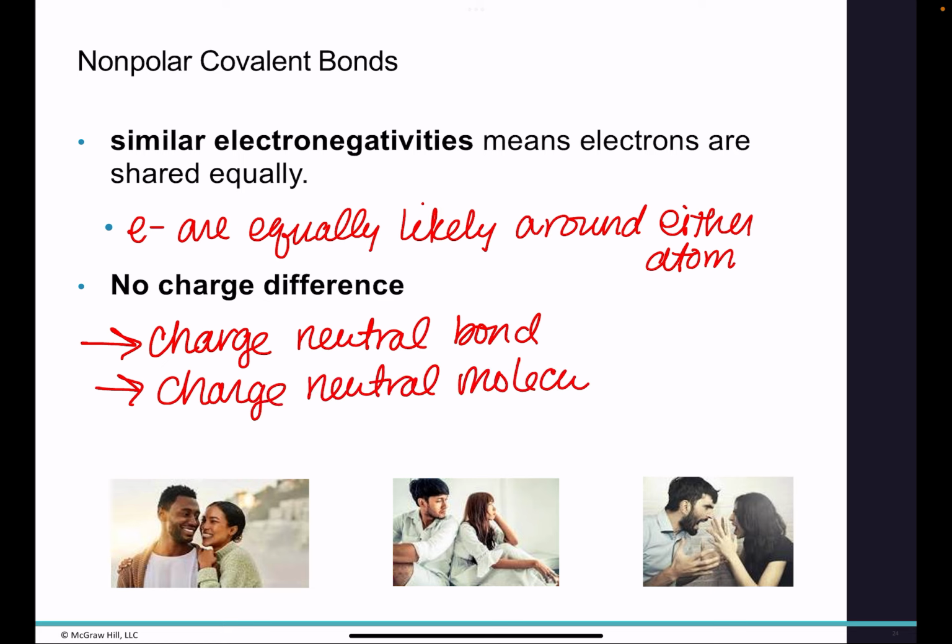Now, this is not the same thing as losing or gaining an electron. What we're talking about here is where those electrons are spending their time. And if they're spending their time equally between two different atoms, we're going to have no difference in charge between those two regions.